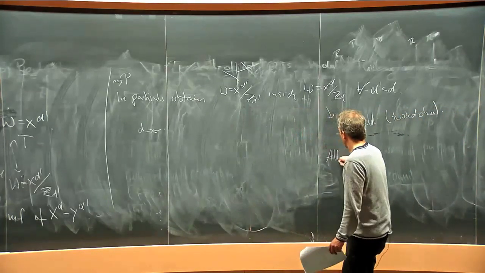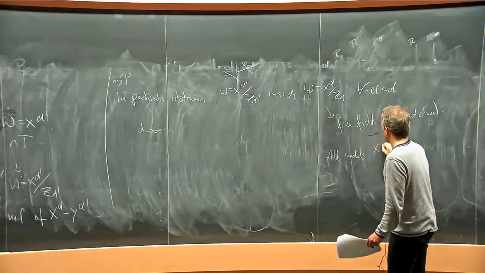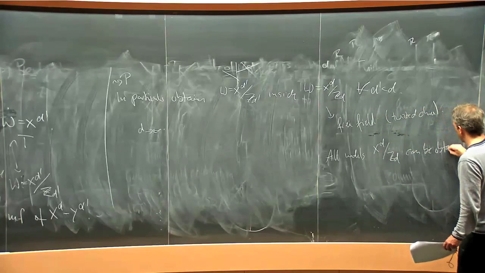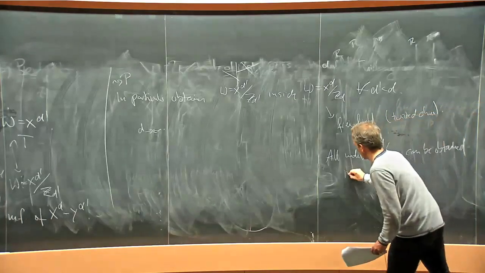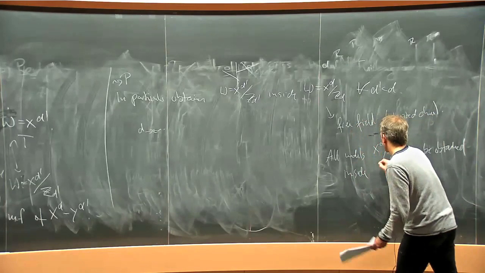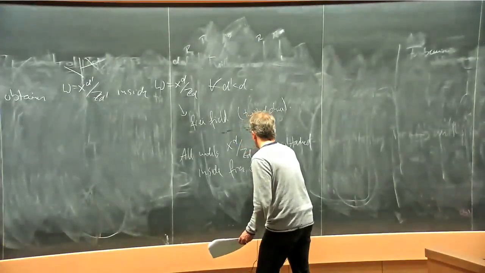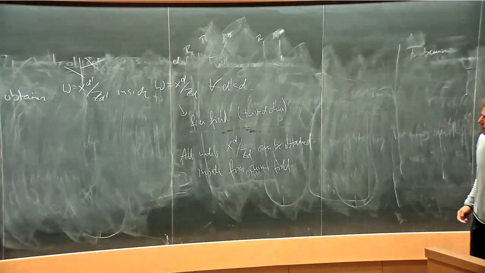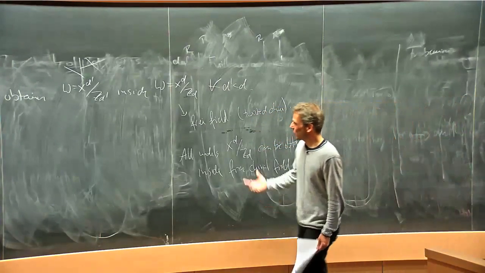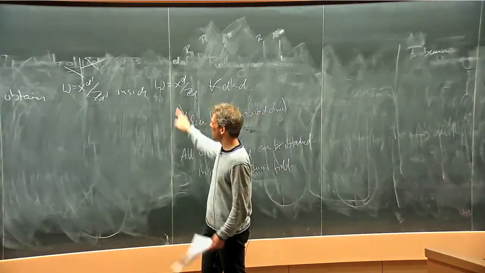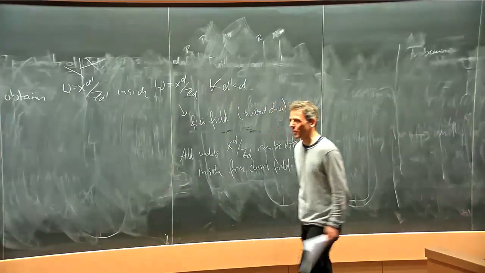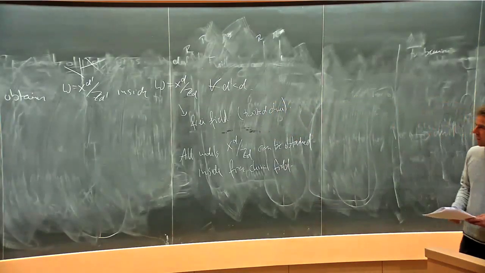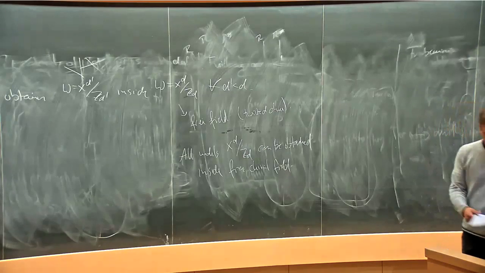All models x to the d modulo Z_d can be obtained inside the free chiral field, or twisted chiral, doesn't really matter. And that's of course progress. Now you can not only describe these single models, but you can also describe the flows of these models by means of flows on the defect networks. So you can describe all these things in a very nice way.